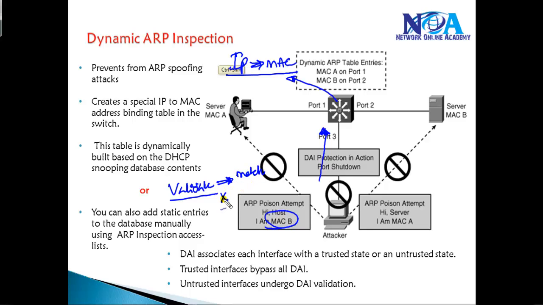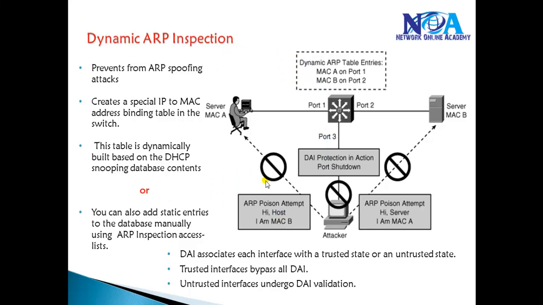And if that particular ARP reply does not match the database, in that case it's simply going to drop that traffic. Here the switch is going to validate the source IP and the MAC information based on the binding information which is done either by DHCP or by ARP ACLs. That's how the switch is going to prevent these ARP spoofing attacks.